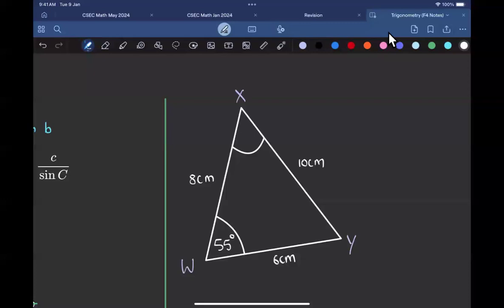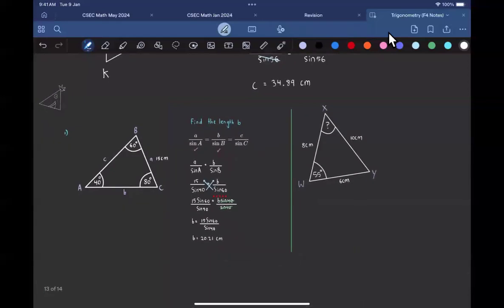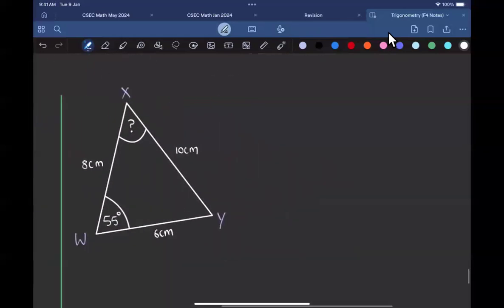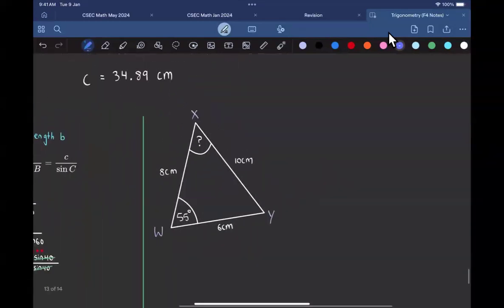In this question, let us find angle x. In the first example we found a length. In the second example, we're going to find an angle. First things first, we need to label the sides. Sasha, I trust that you'll show me how to label the sides appropriately.